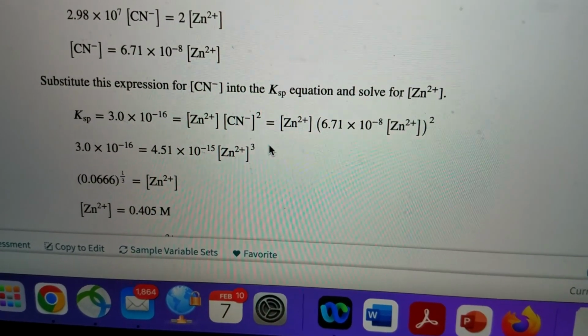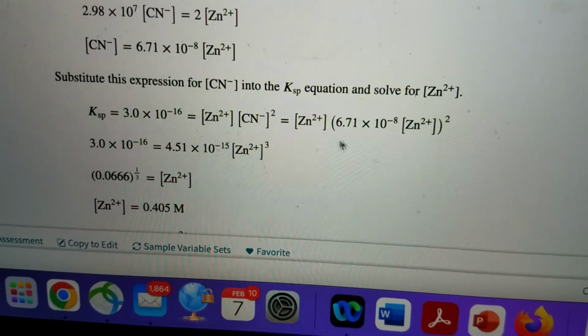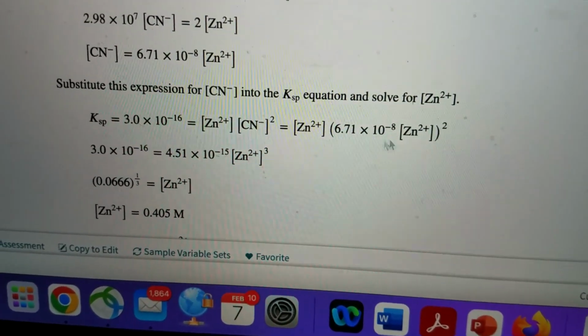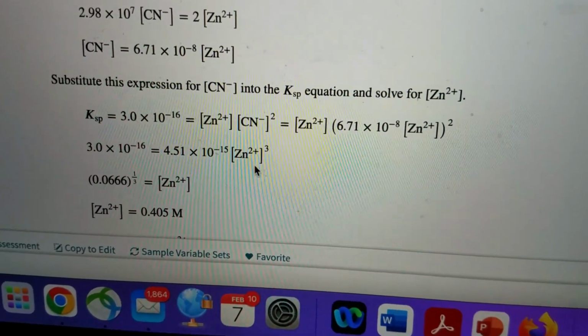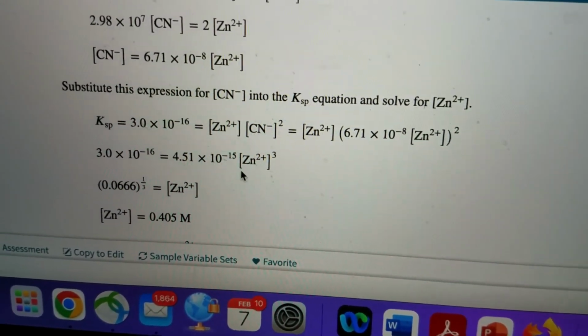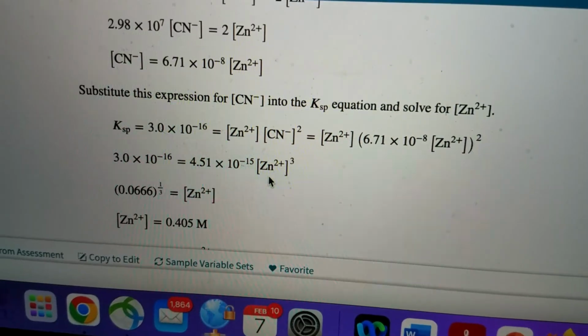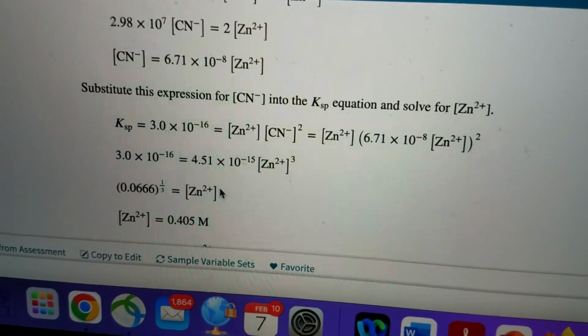Just keep working on this, and then we'll find zinc's concentration.